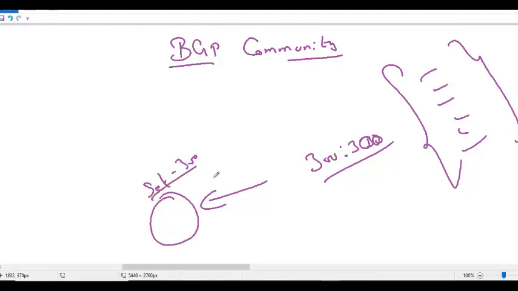So what is BGP community? It's a numerical value that you use to identify a group of subnets that need a common treatment. Apart from this, you also have some predefined communities.